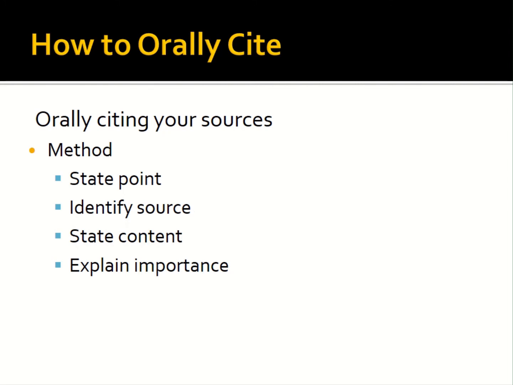Then you state the content. What did they say? And the last step, explain the importance or how that content ties back to your point. So it's a very simple process. You just need to make sure that you cite your source orally. Tell us where the information came from. It's very important.